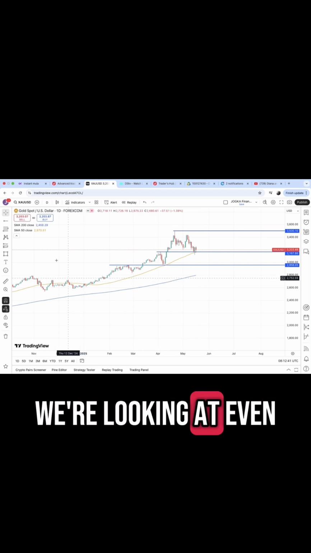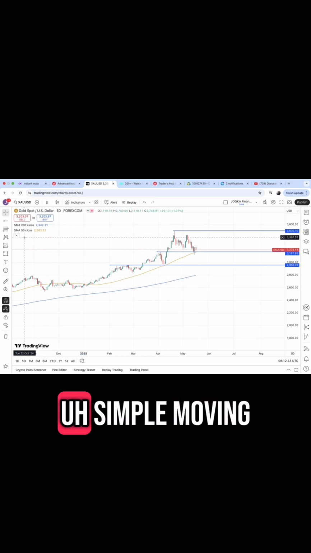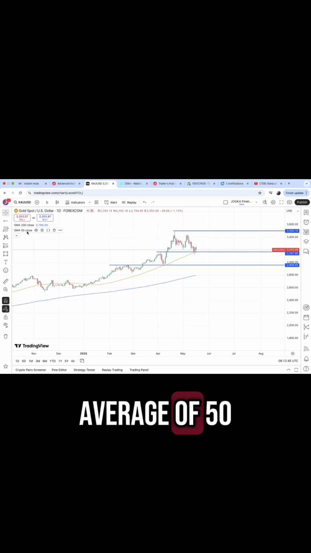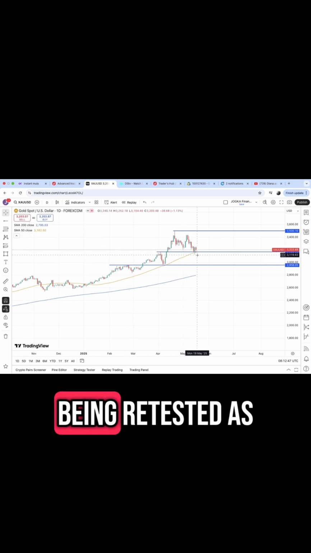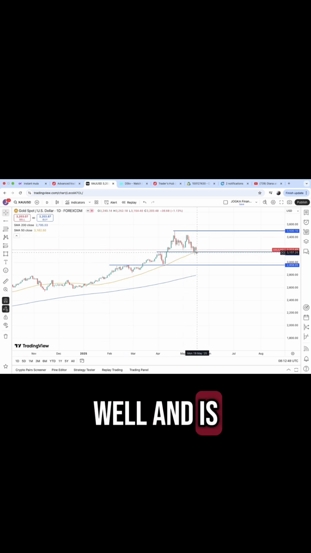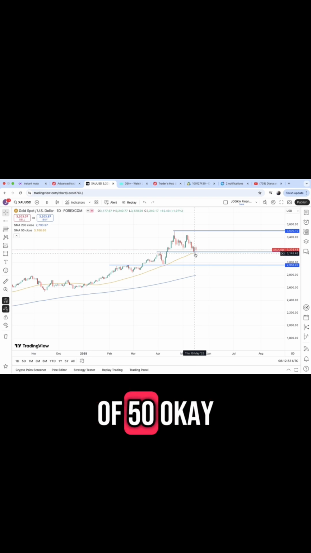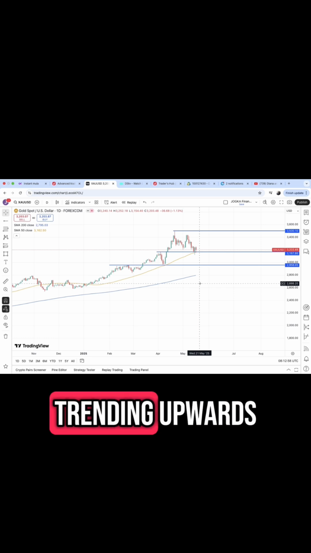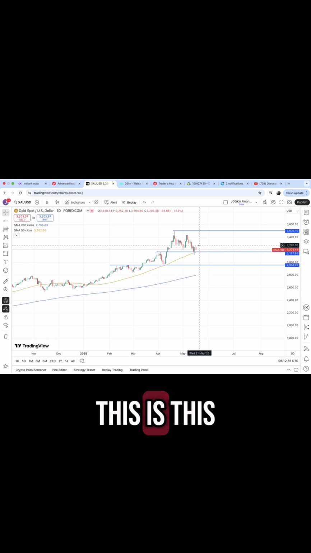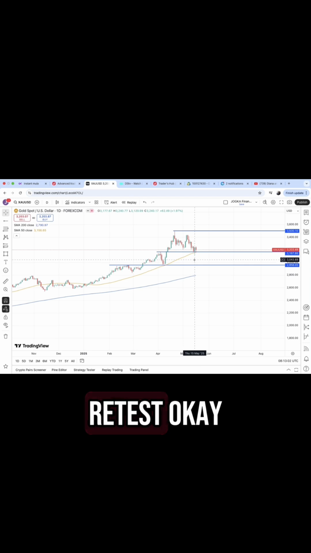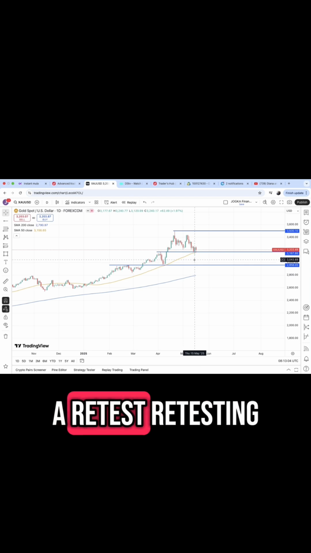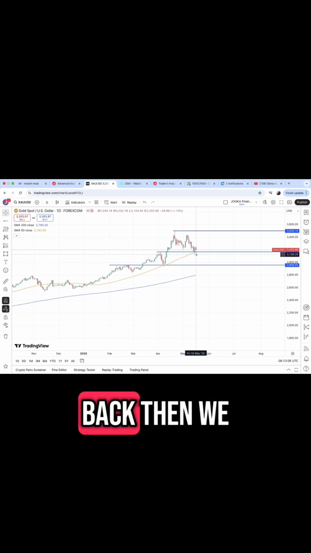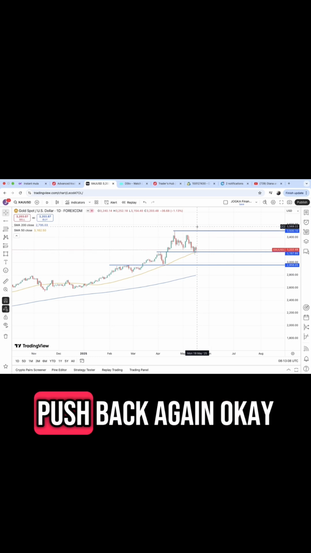We are looking at even a simple moving average of 50 being retested as well, and it's trying to reject on this simple moving average of 50. This shows us that gold might still be trending upwards. This looks like a retest, retesting back, then we are able to push back again.